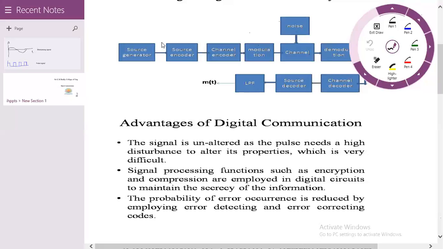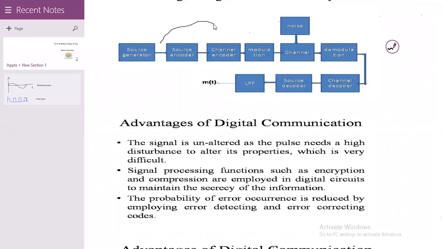These are the important blocks present in a digital communication system compared to an analog communication system: source encoder, channel encoder, and modulation.